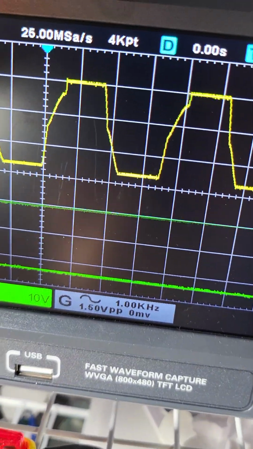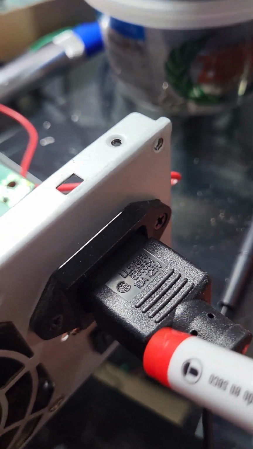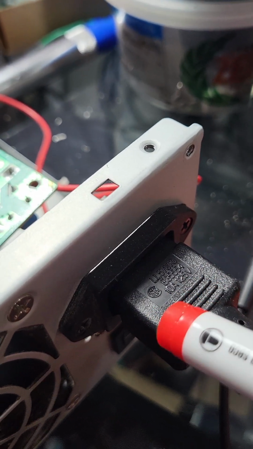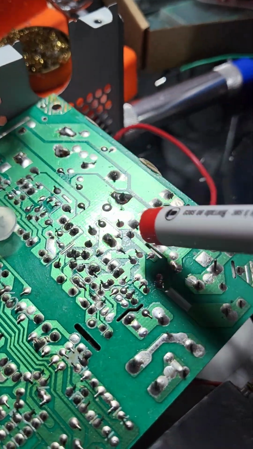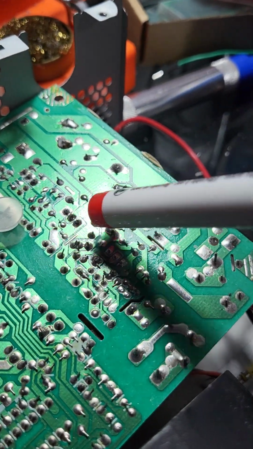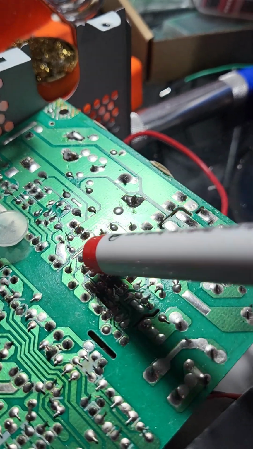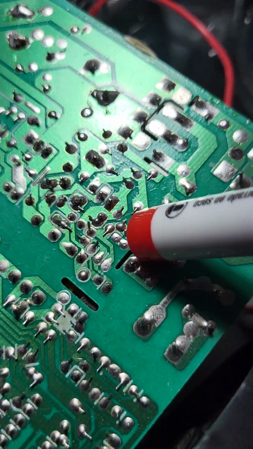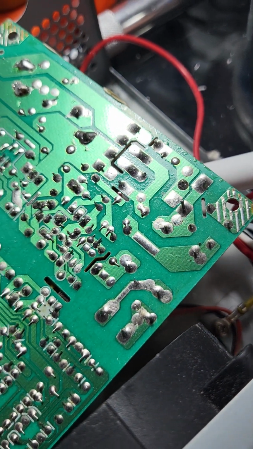And why does this look like a square wave? Because to increase the frequency from 60 hertz, when going into the primary section, there is an oscillator here somewhere. I cannot pinpoint it because we have to check the bottom of this board.